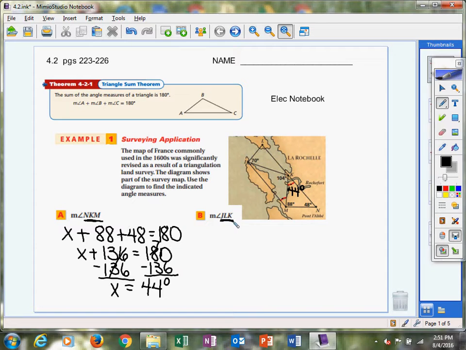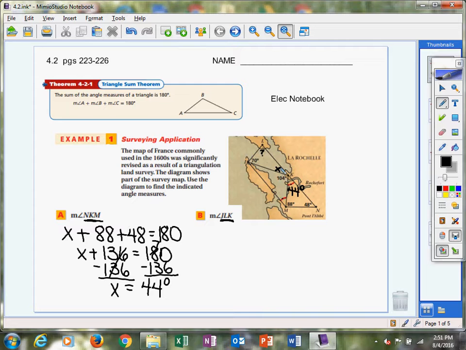The next one is JLK. So this one right here, that's the one we're after, right there where that L is, okay? And we only know one angle at this juncture in that triangle. But we can figure this one out right here, which is JKL. And this is how we're going to do it.